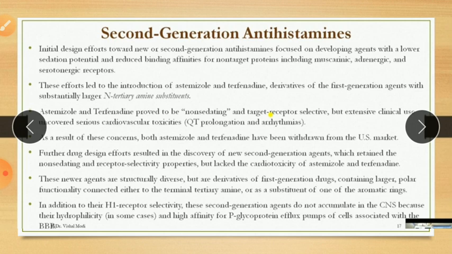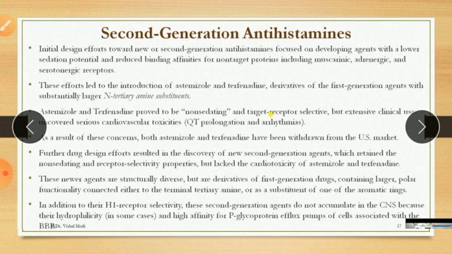In case of second generation antihistamine, initial design efforts focused on developing agents with lower sedation potential and reduced binding affinity for non-target proteins, including muscarinic, adrenergic and serotonergic receptors.